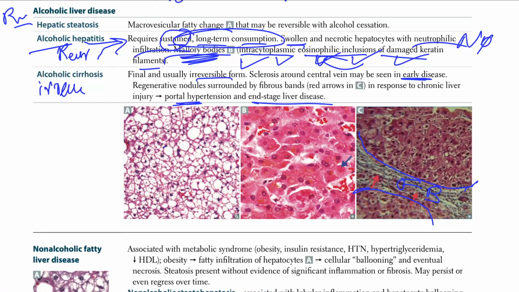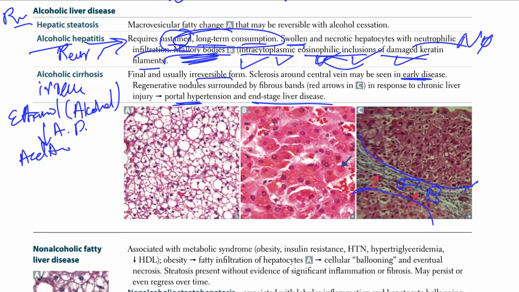So remember, ethanol, alcohol, same thing. For the metabolism, that excess alcohol gets converted into acetaldehyde by the enzyme alcohol dehydrogenase.